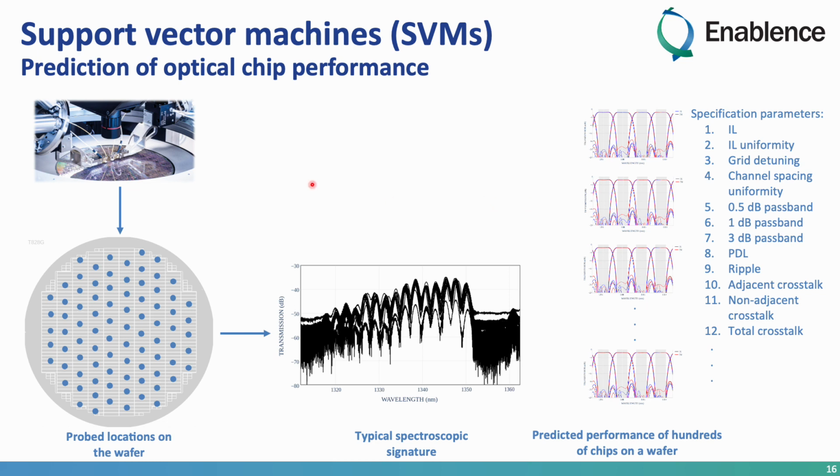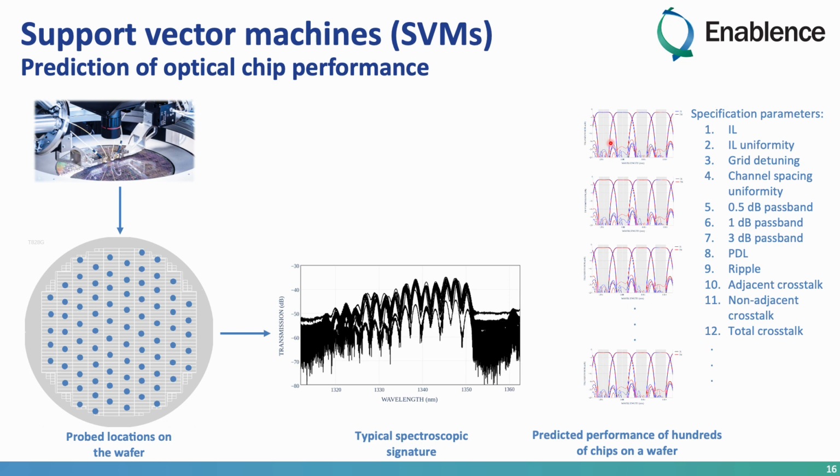So we developed a new technology that relies on a wafer probe to collect metrology data from multiple locations on the wafer. The collected spectra shown here are very noisy and extremely weak. And the challenge is to use these weak spectroscopic signatures to predict the performance of devices whose spectra look distinctly different.